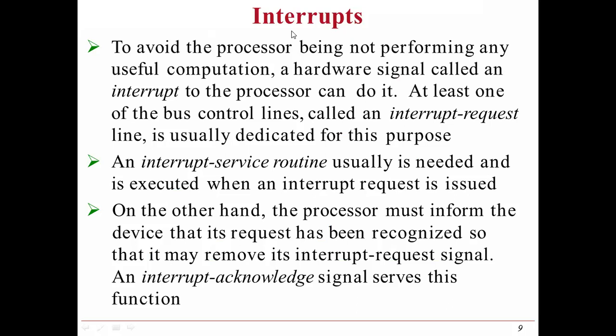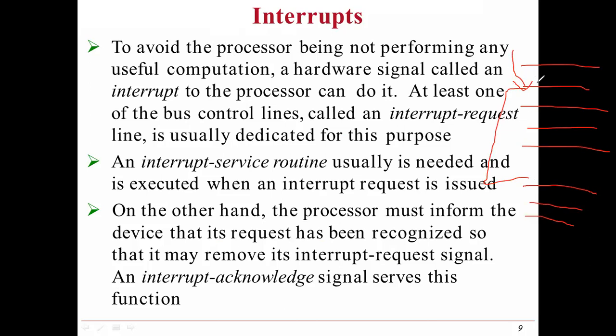The next topic is interrupts. Generally, what is meant by an interrupt? Suppose we have a program with a number of instructions. The program is executed line by line, from the first instruction, second instruction, and so on. Suppose the controller jumps to some other position.